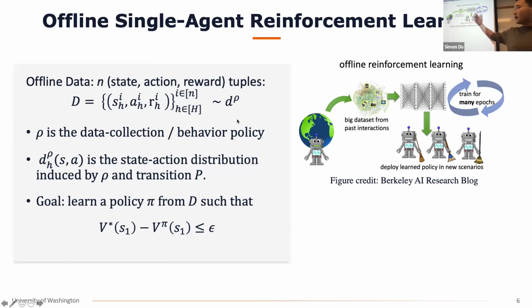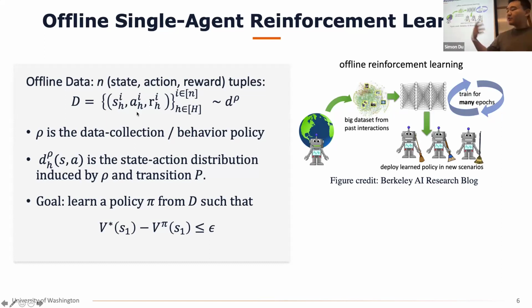In offline reinforcement learning, we just assume we have this data set sampled from some behavior policy rho. This is called the data collection or behavior policy. Given this policy, it will induce a distribution over the state, action, and reward space, and that gives you this data set.